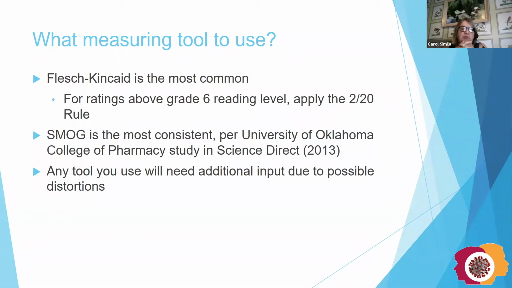But any tool that you use will need additional input due to possible distortions, the fact that you may need to adjust meaning in a given circumstance. And I think with this audience, I don't need to be too concise about that. You know that there are lots of complicating factors in any text.